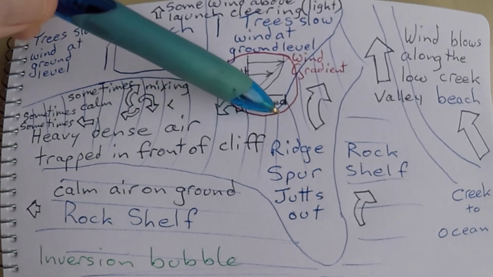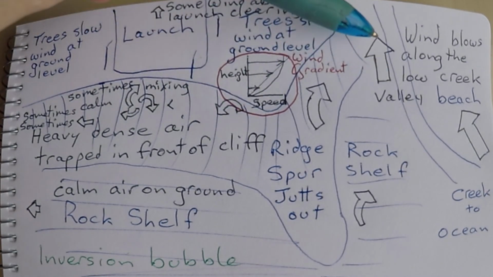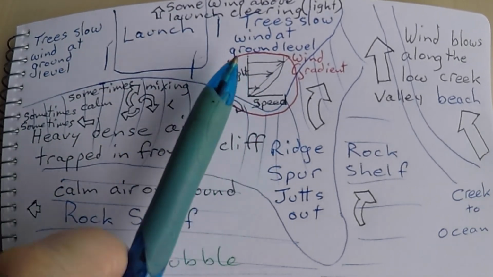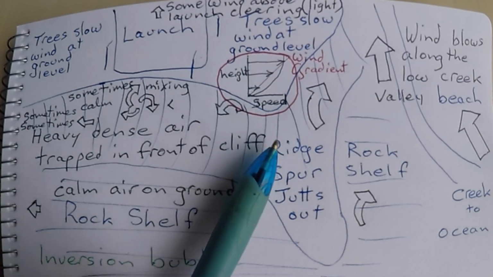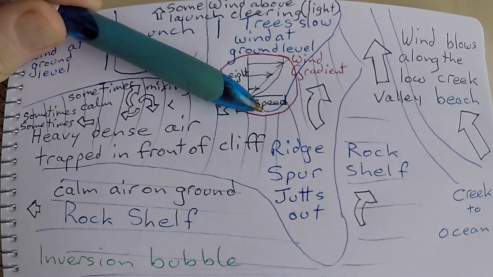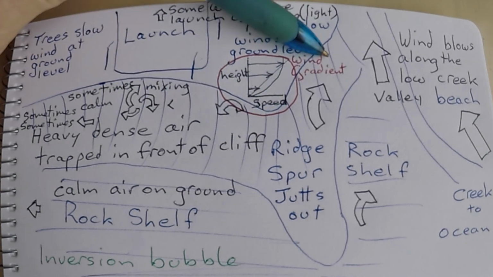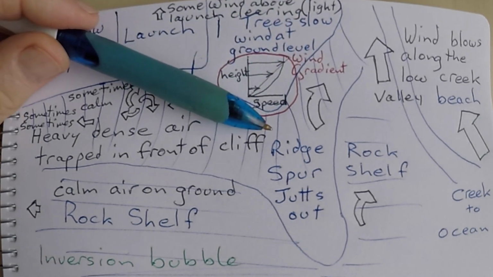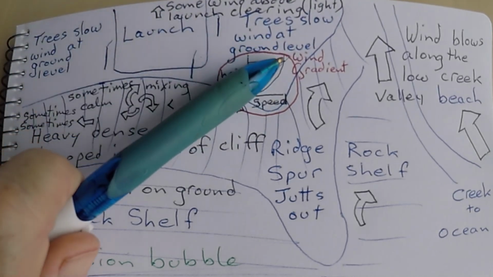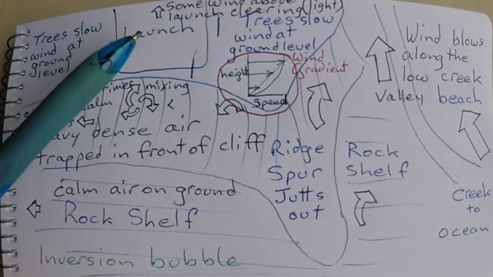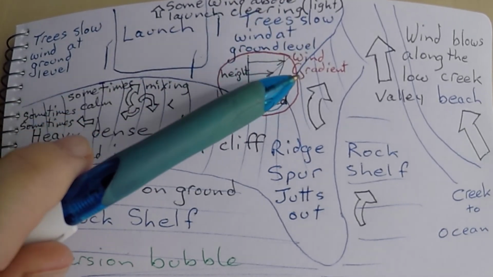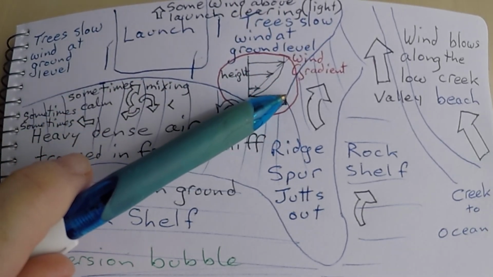This area here where you've got this wind and all this other mixing that I'm talking about with the inversion bubble and the wind gradient, this area along here may have an area of more turbulence. And once you climb above the bubble, then you leave that turbulent area.